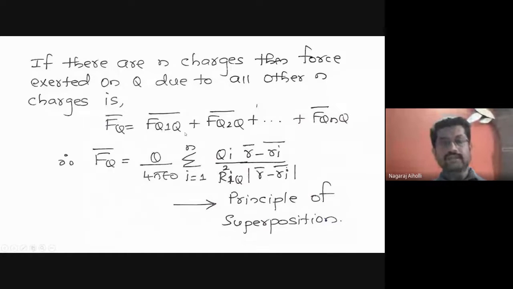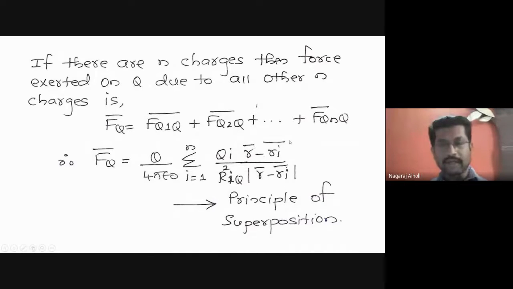Correct? Therefore, here I can write it as R vector minus r1 vector divided by magnitude of r vector minus r1 vector. Similarly, for the second one, r vector minus r2 vector divided by magnitude of r vector minus r2 vector.